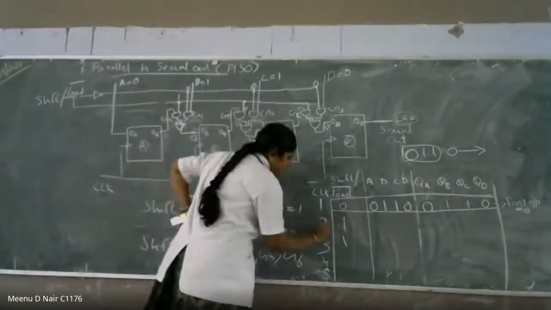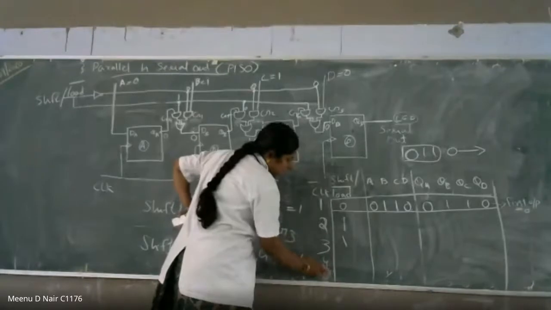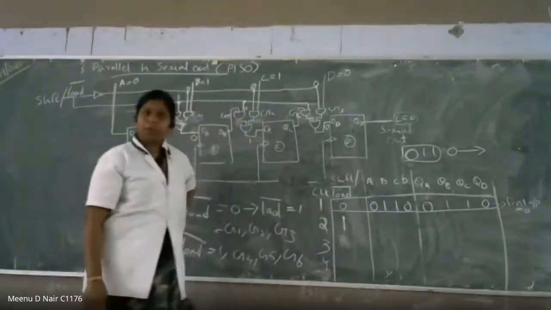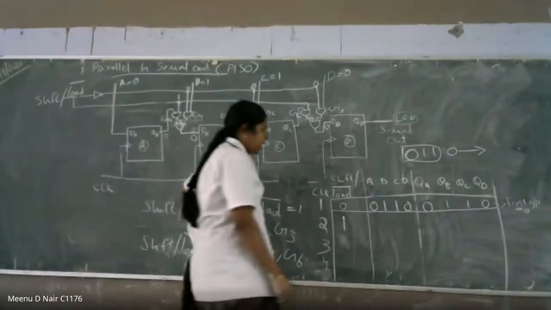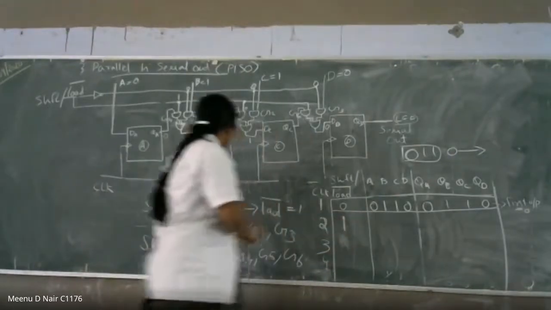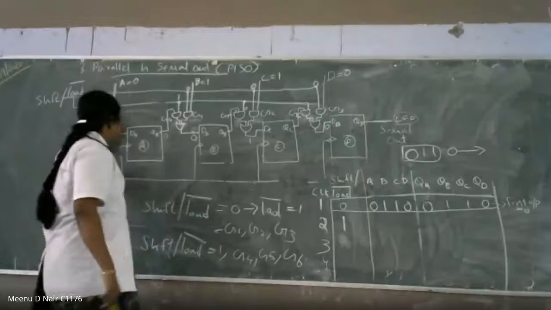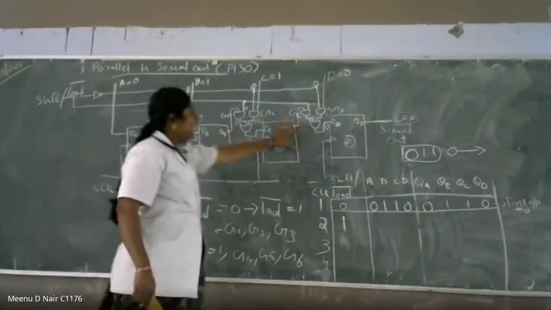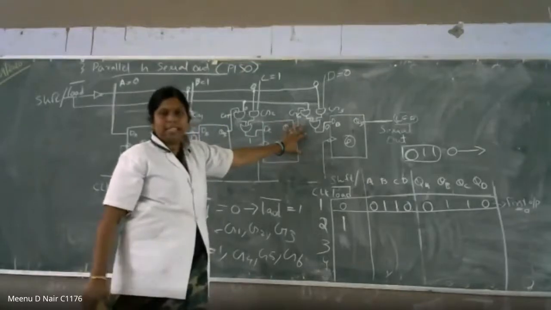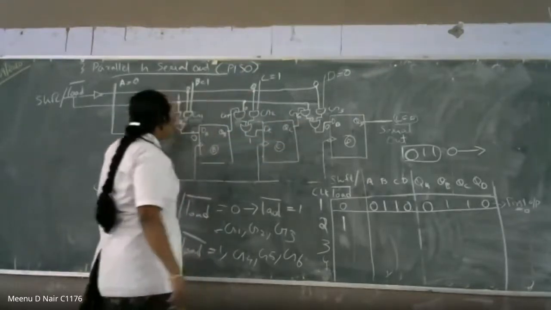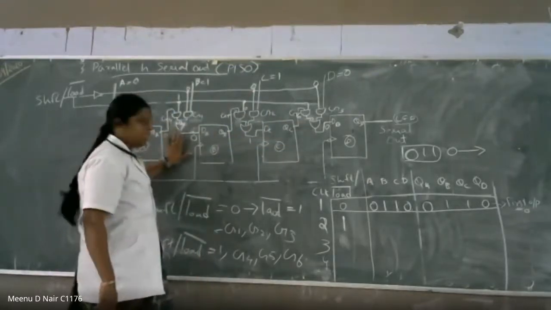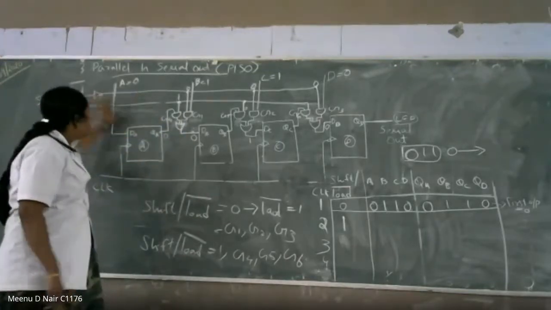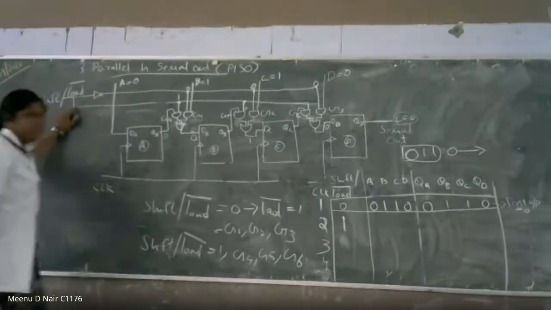Then in the second clock pulse, you are giving the shift operation. In all other cases, DB, DC, DD are connected to an AND gate and an OR gate, so the load condition depends on the load or shift case.